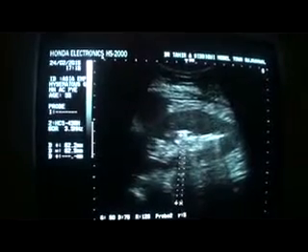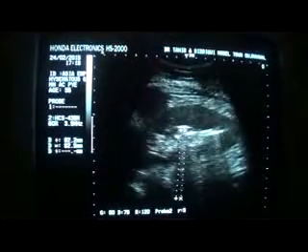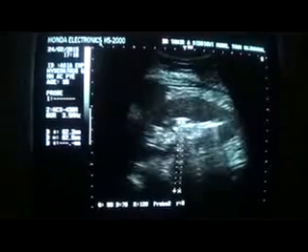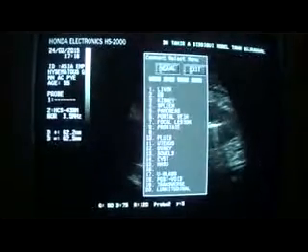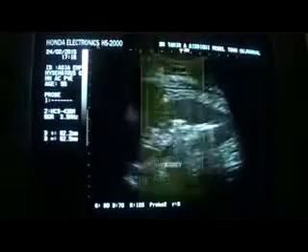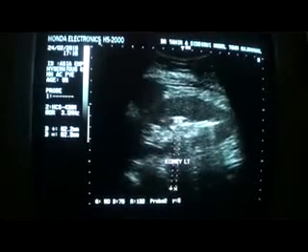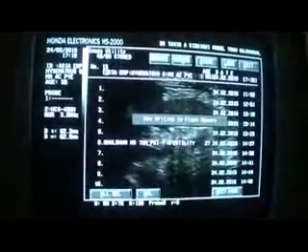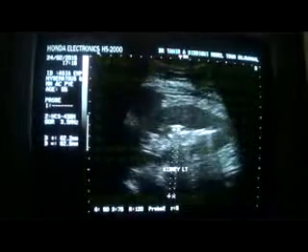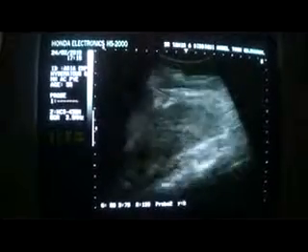So this is most consistent with a combination of calculi as well as air within the collecting system. This one is air giving us reverberation artifact. So just by ultrasound finding, one can say that this is a case of emphysematous pyelonephritis.